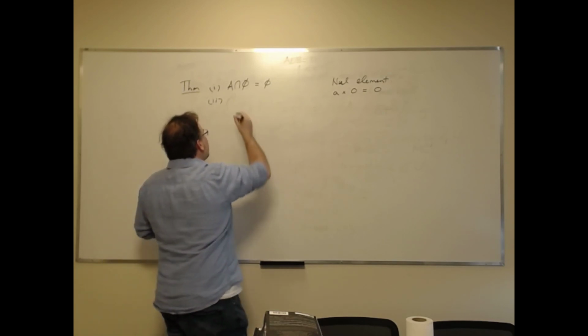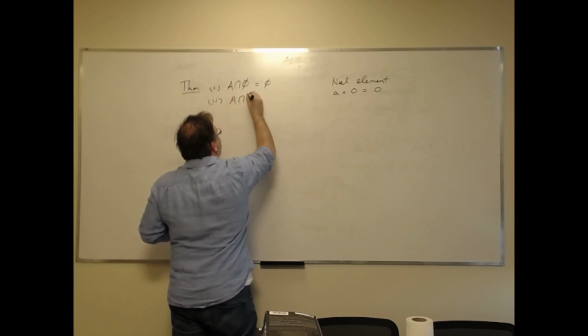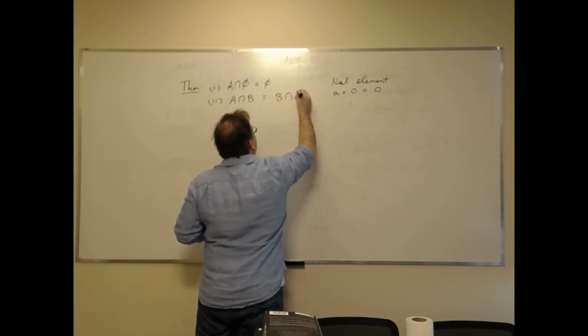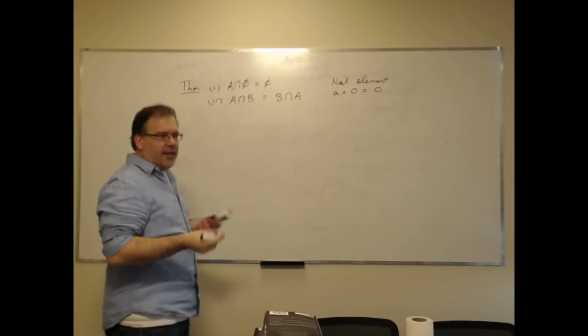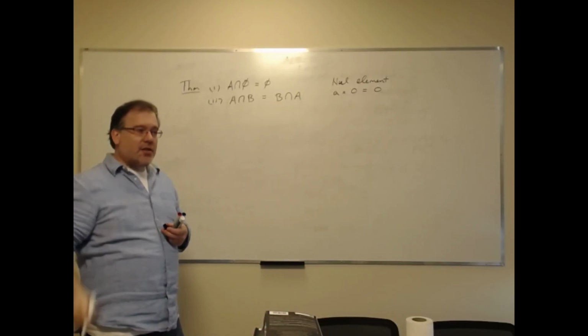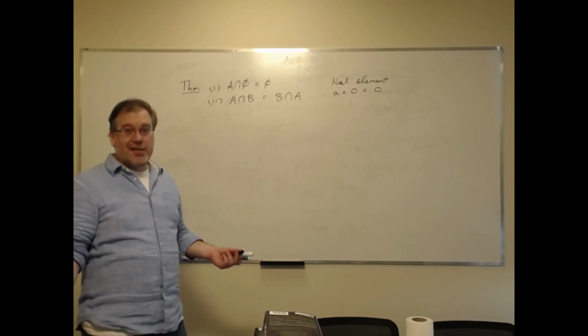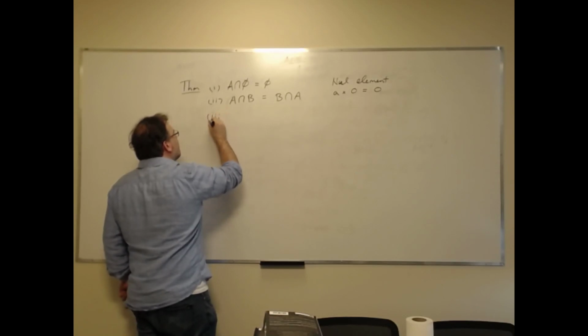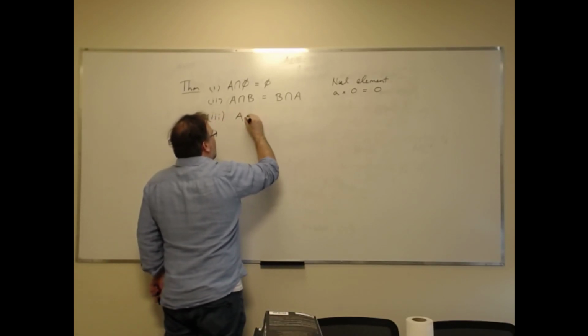All right. Guess what? Intersection is also commutative. Doesn't matter, A intersection B, B intersection A, same thing, because conjunction is commutative. Guess what?